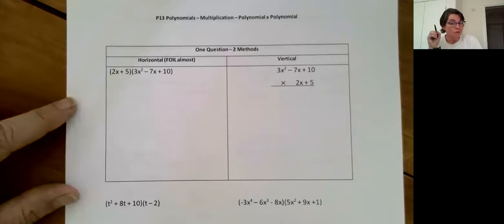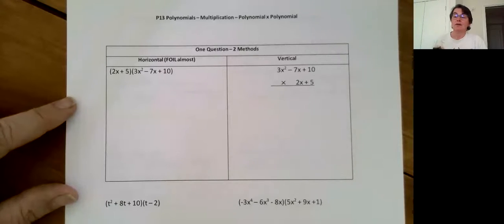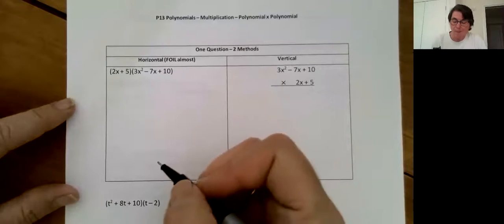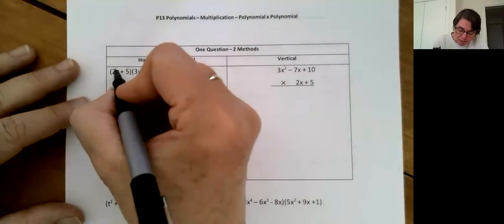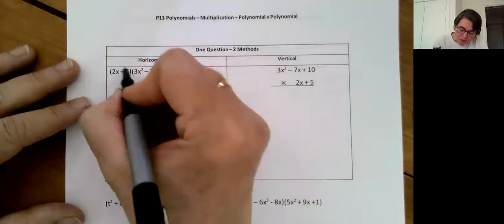Or maybe yours is completely right and I've screwed up. Too much work. It's never going to get worse than this, 3 times 3. I have faith. I believe in you that both of us could do 5 terms times 5 terms, but why would we? Okay, enough of my little rant. We are gonna, I said FOIL almost.